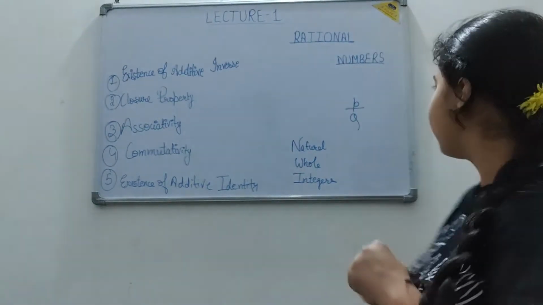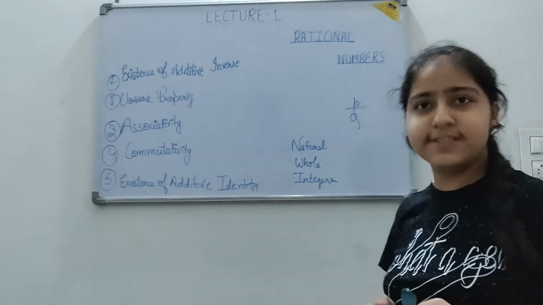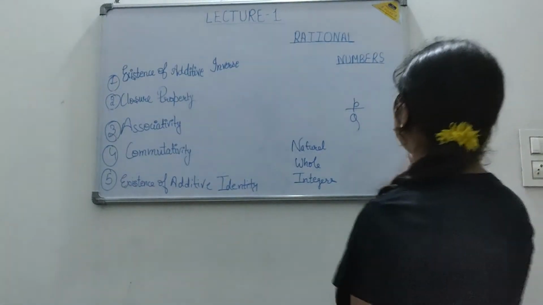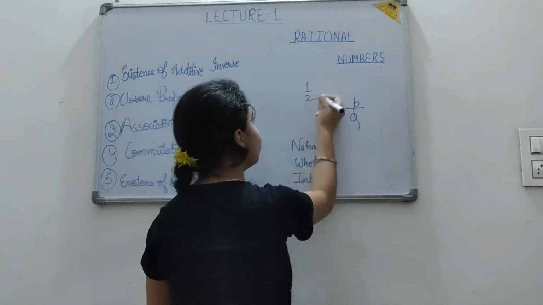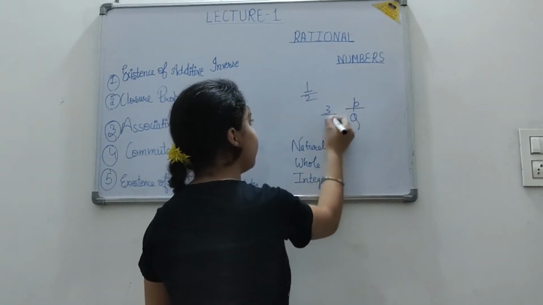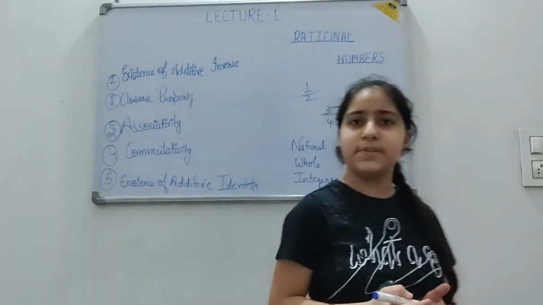So this was what rational numbers are. Let's take some examples like 1 over 2, 3 over 4. These are all examples of rational numbers.